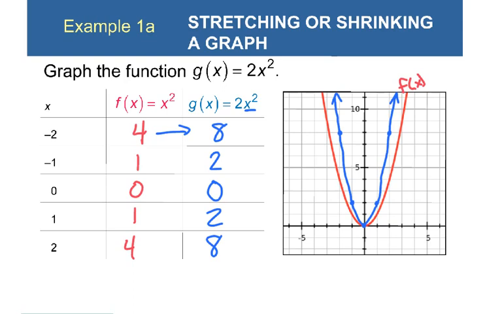So the point that was here went up to here. And the same thing, the point that was here at 2 went all the way up to this value up here. So that's why we call it a vertical stretch, is because all of our y values from our basic function got stretched upwards at our same x value.